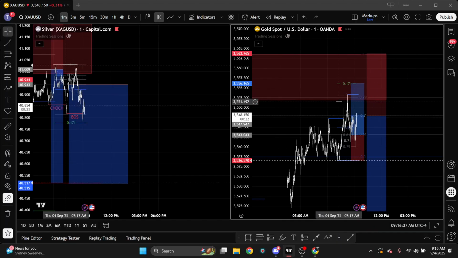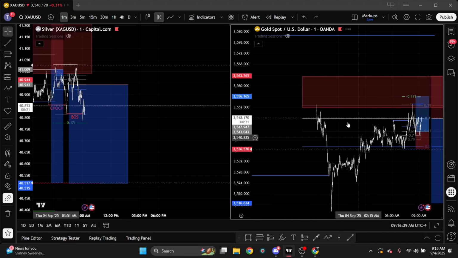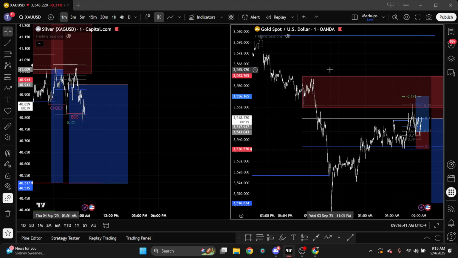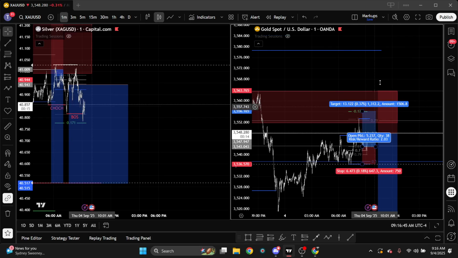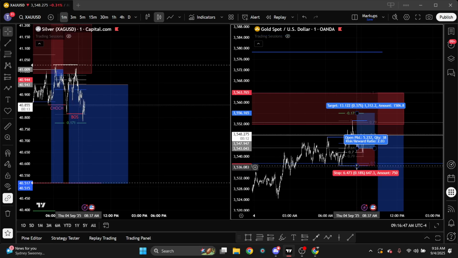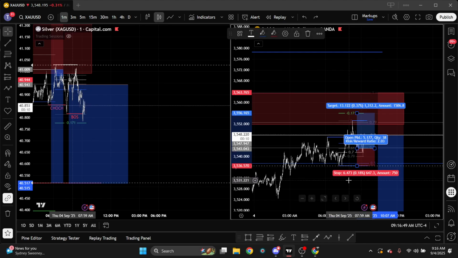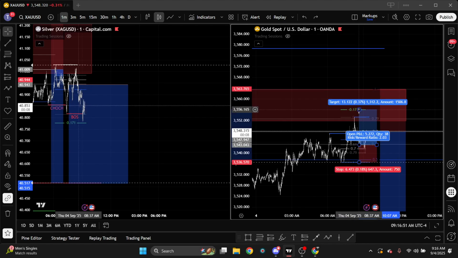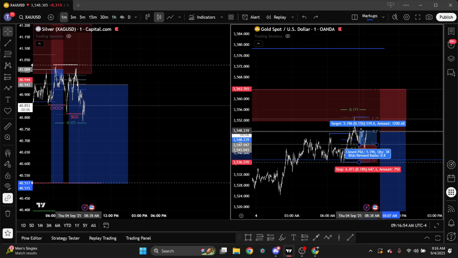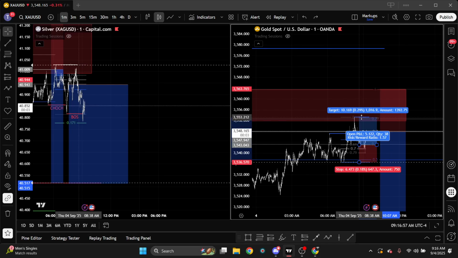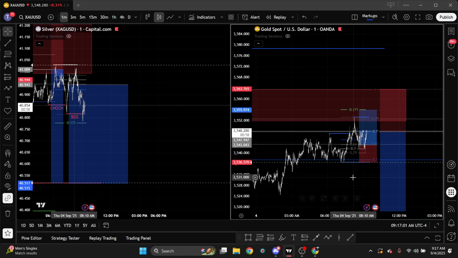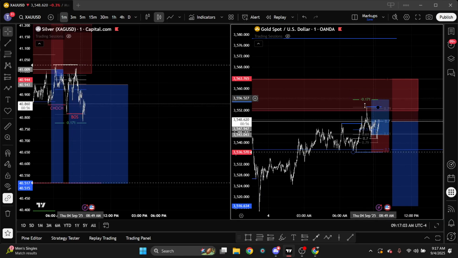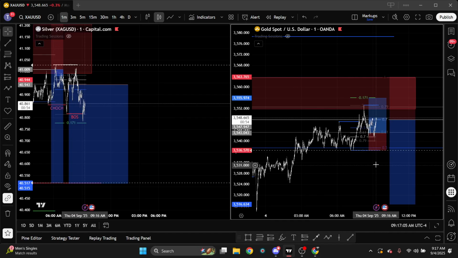Or here, because what if price wants to invalidate the supply zone? I can go ahead and capitalize on that, going up to that supply zone. But yeah, we're floating at a 1 to 0.8, and we're trying to aim for a TP2, which is a 1 to 2 slash more. We'll see how this goes.